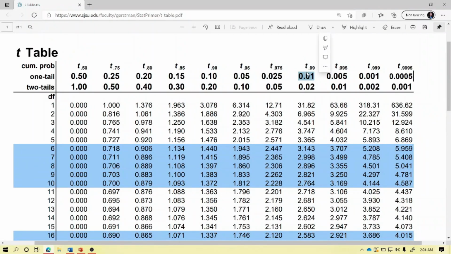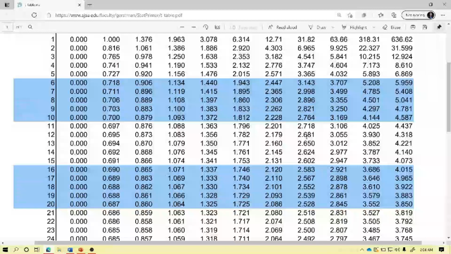And then, find 22 on the left column labeled as the degree of freedom or DF. So if this is the column of the 0.01 level of significance, and the degree of freedom is 22, we have the critical value of 2.508.